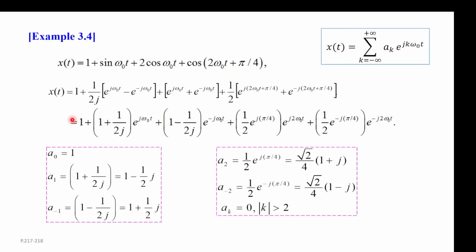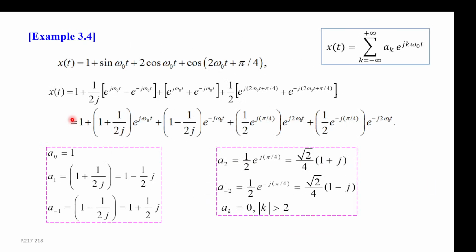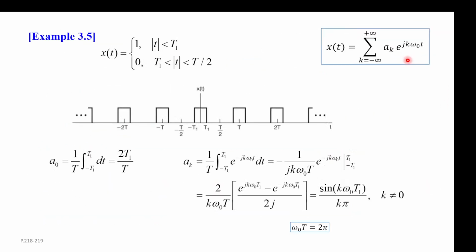But now we see that we can try to combine different ak e to the jk omega naught t into x of t. We saw those examples, and we had this really weird example of the square wave function. Look at this, it's 1 in some interval and 0 in the other interval, so it's discontinuous.